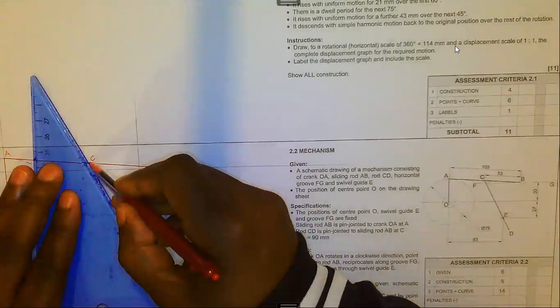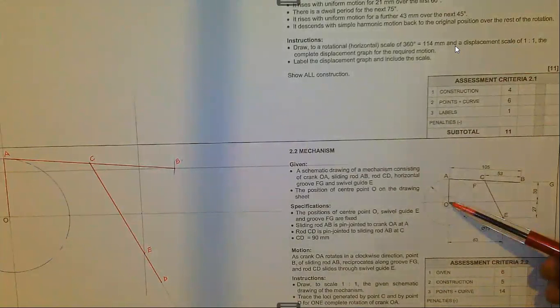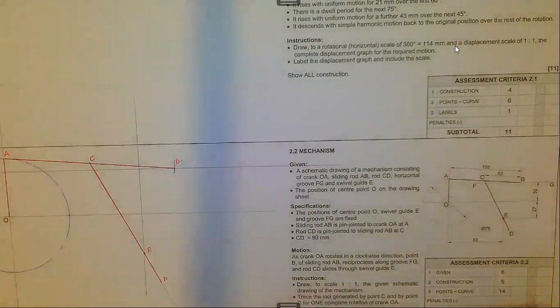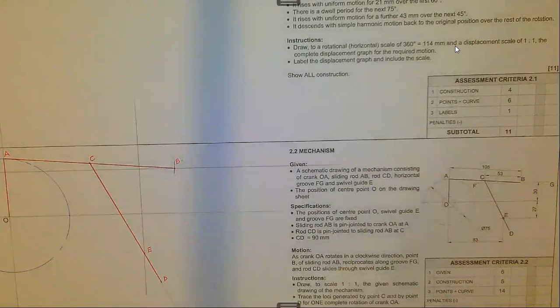There you go. Right. So in terms of our infrastructure, we have got point O, which is there. We have got point A and B, AB, which is 105, the distance from here to there.